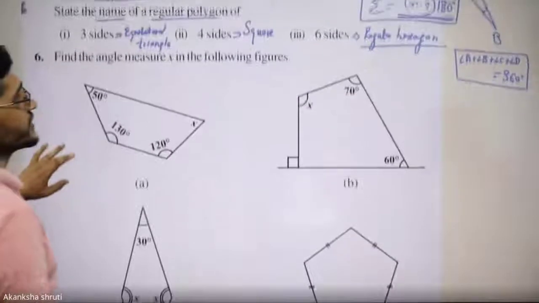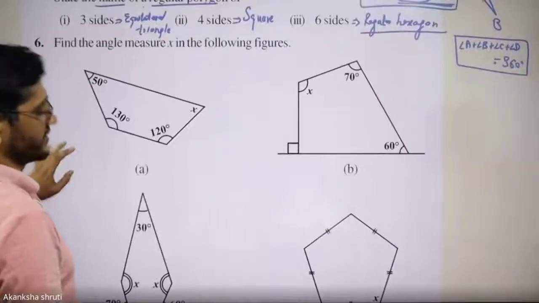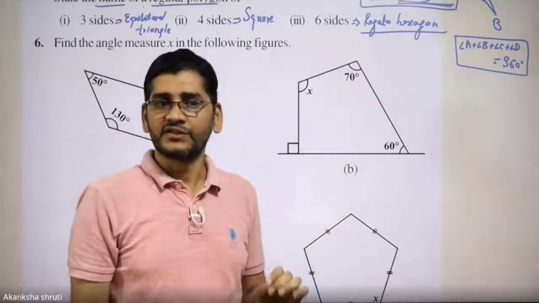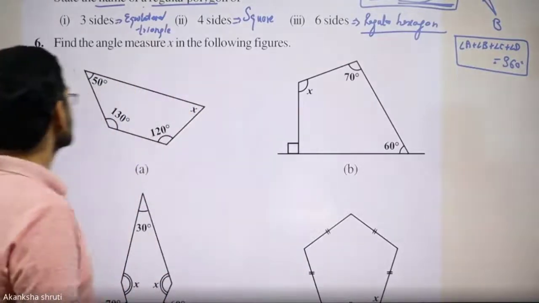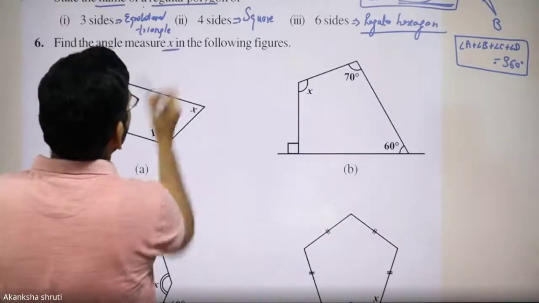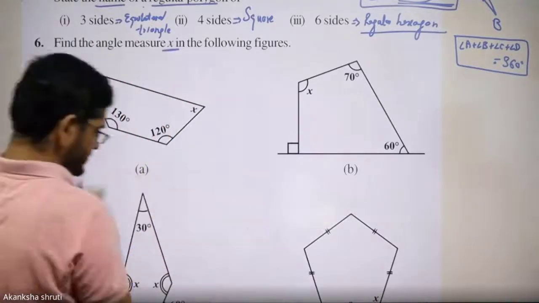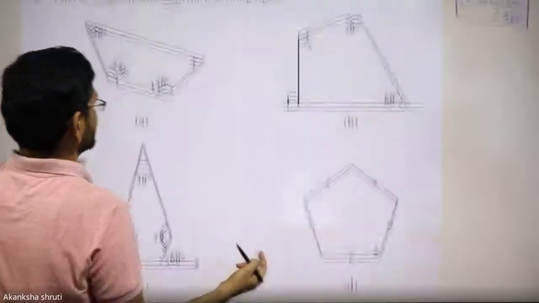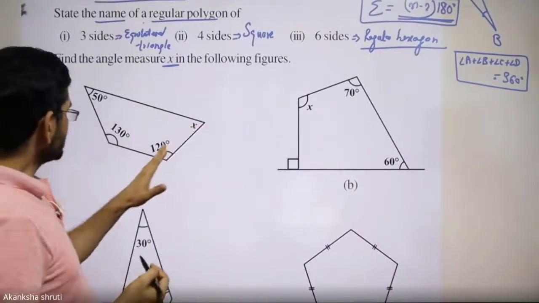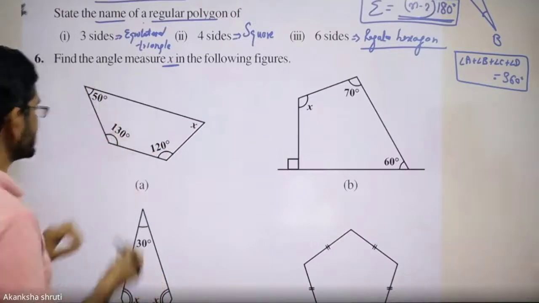Coming to question number 6, which is very important. Students, such questions are asked directly in your school examination. So find the angle measure x. We have to determine x in these 4 cases. These x's are the representation of the internal angle.